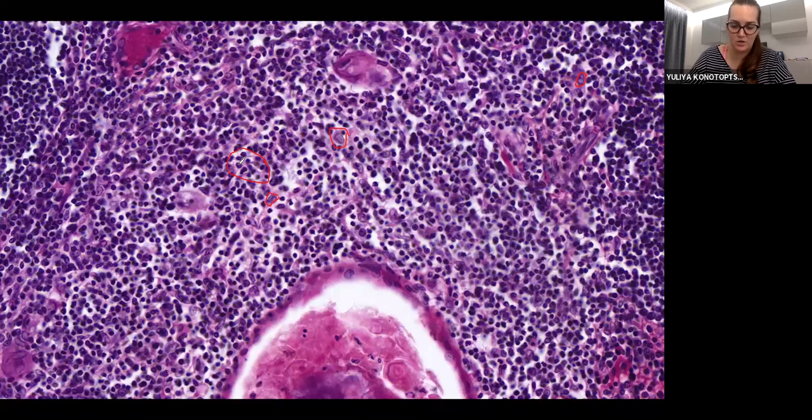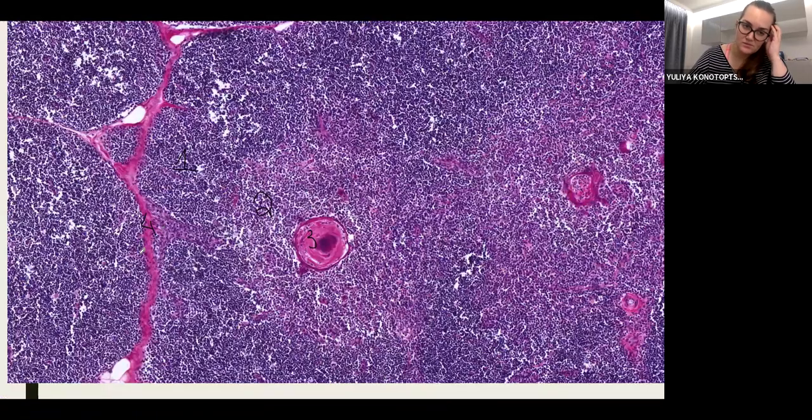Every cell which has a darker nucleus is a developing T lymphocyte or thymocyte. The cell with a lighter nucleus is going to be an epithelial reticular cell. Luckily we don't have to identify which type it is, but judging from location, because it's within the medulla, this could be type 5.